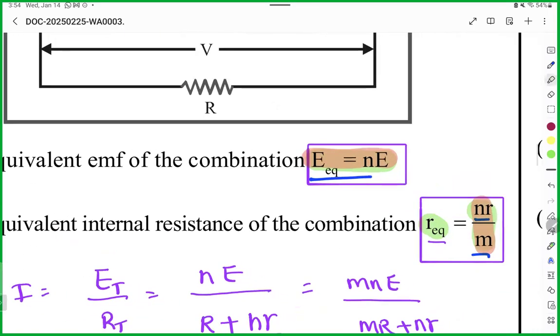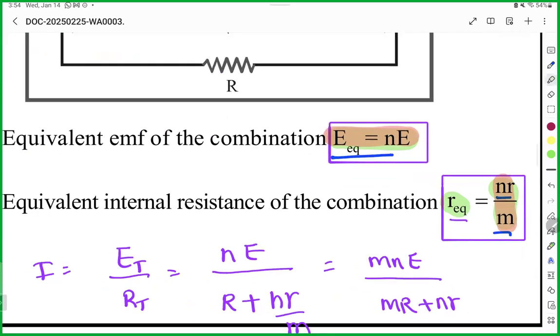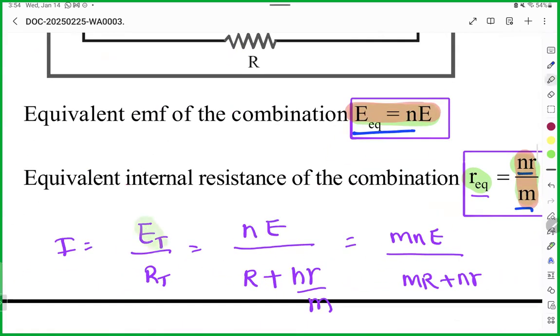Correct? That's why internal resistance is NR by M and potential is equivalent to this. Total current is total EMF by total resistance. Total EMF is NE, total resistance is R plus this. You can calculate. Make sense?